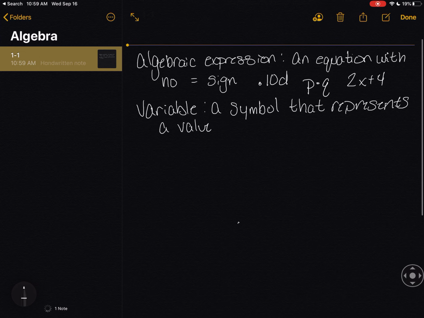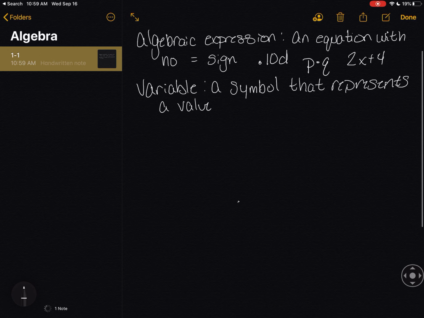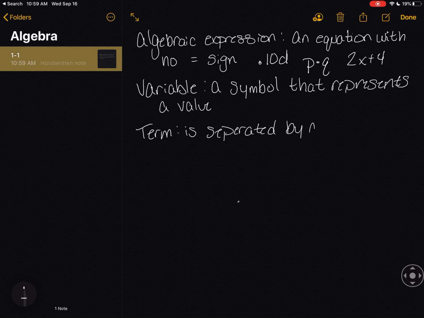Okay, the next thing that we have is what is called a term. A term is separated by adding or subtracting. So for example, if I have 2x plus 4, that is term 1.